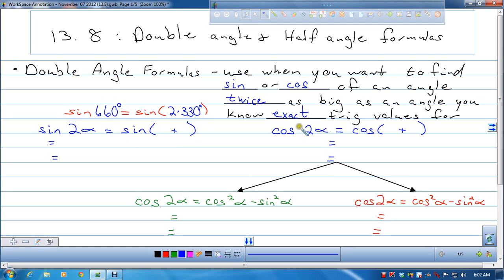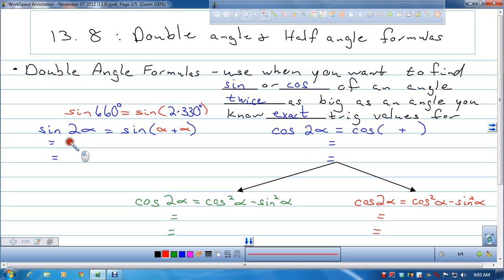Now I'll show you where both of these are derived from. They're derived from the angle addition formula. Sine of 2 alpha would be the same as sine of alpha plus alpha, right? Because alpha plus alpha is 2 alpha. Well, this is sine addition. Fits right into the sine addition formula. We just happen to be adding the same thing.